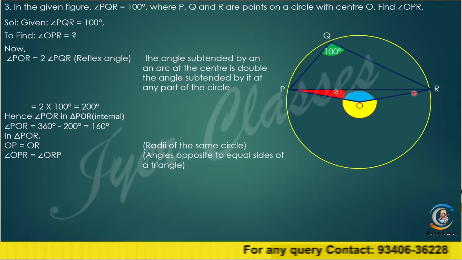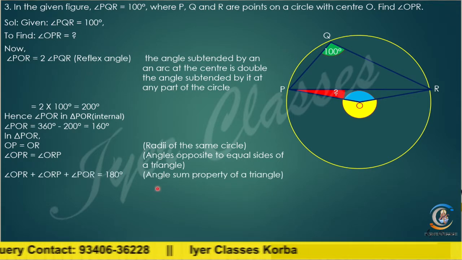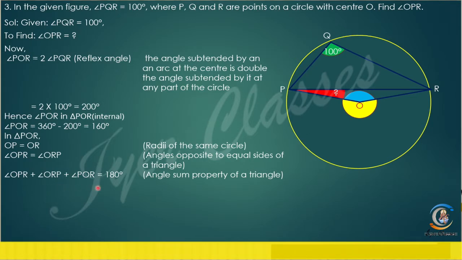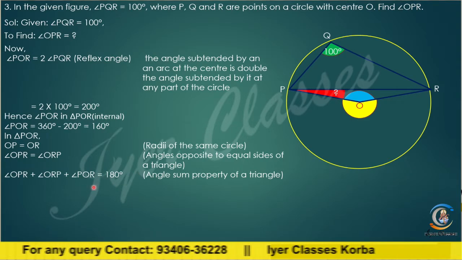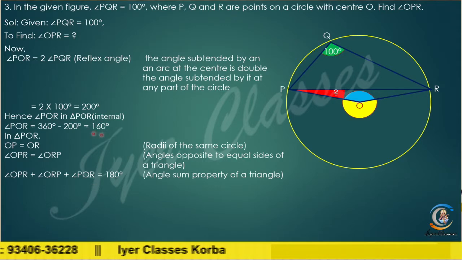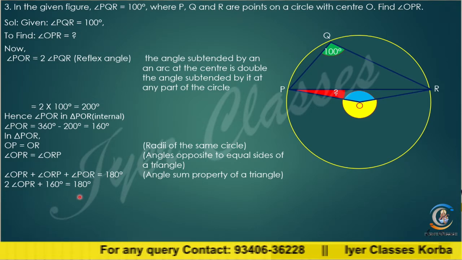Now, how do I measure it? We will apply the angle sum property of the triangle. What does it say? If you measure the three angles of the triangle, they sum up to 180. I know one of the angles, that is POR. We just calculated it as 160. Put the value. What do you get? 2 times angle OPR plus 160 is equal to 180.